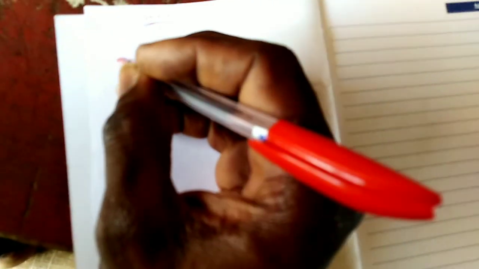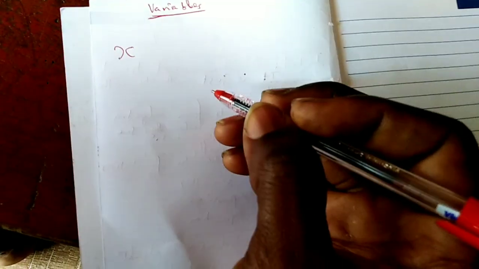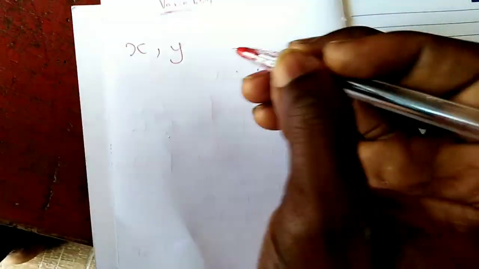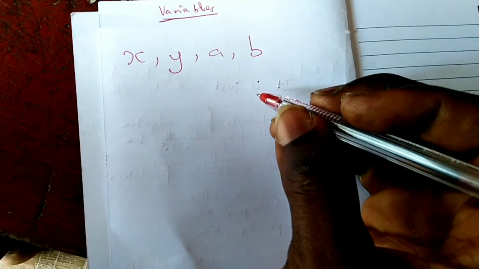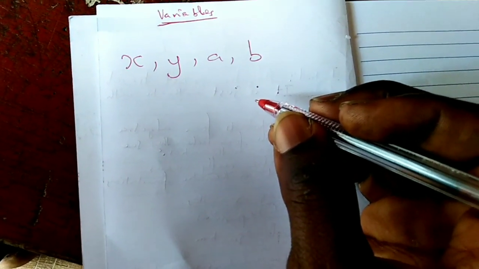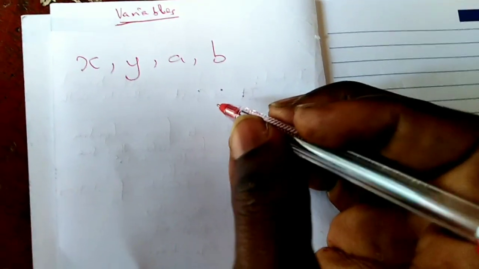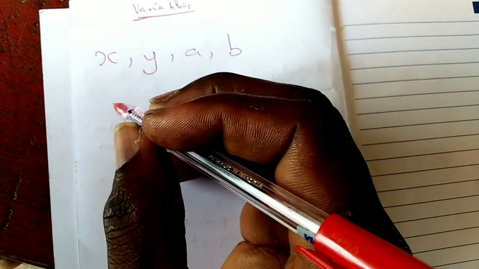So guys, when we talk about variables, those are letters that appear in between numbers. For example, you have X, you have Y, you have A, and you have B. These are variables. A lot of people get confused when they see letters appearing in between numbers, something like 2x.